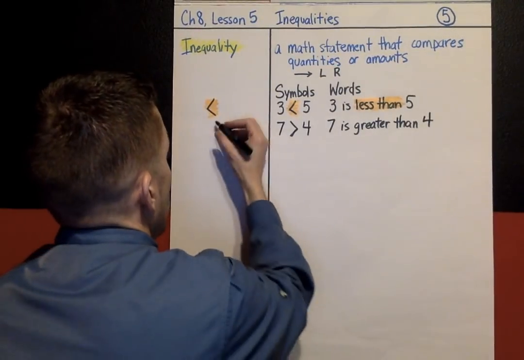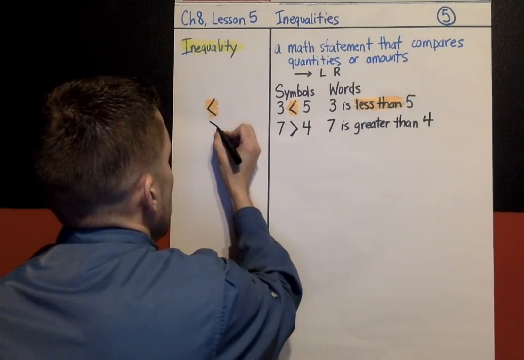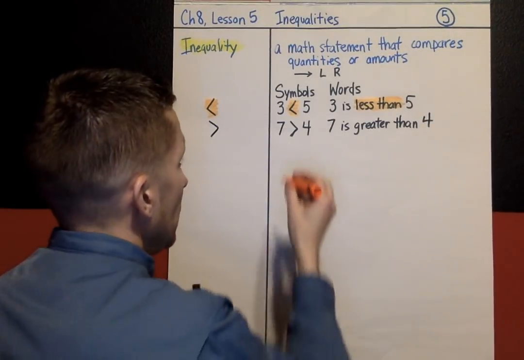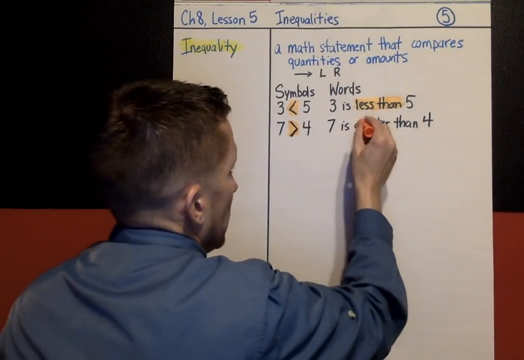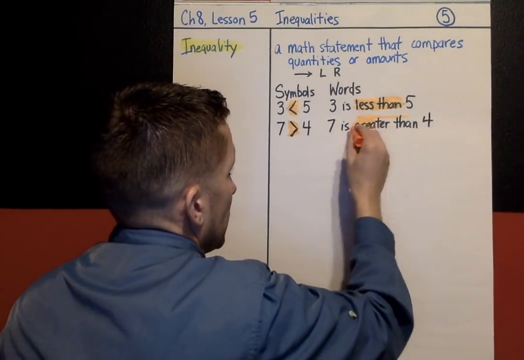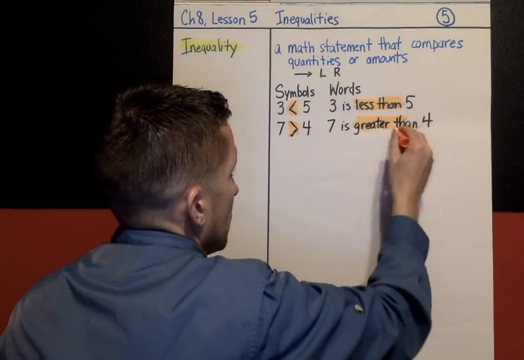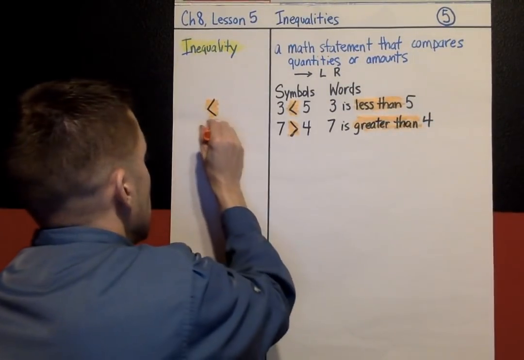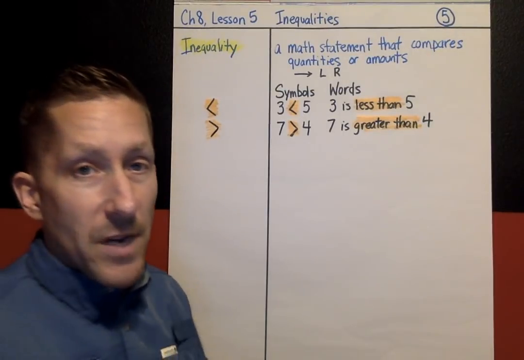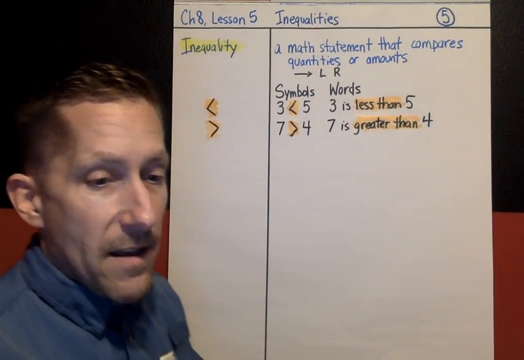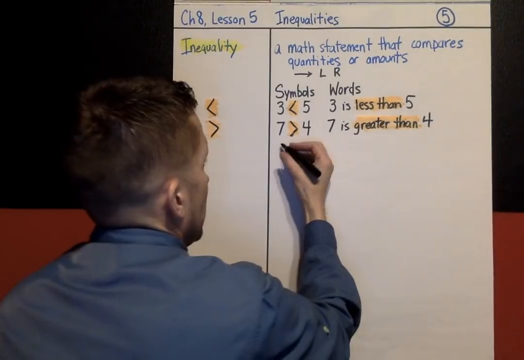And over here, I'll write the symbol, the inequality. So again, that symbol represents greater than. And I know that we've talked about those two inequalities earlier in the year. This next one, we haven't yet.